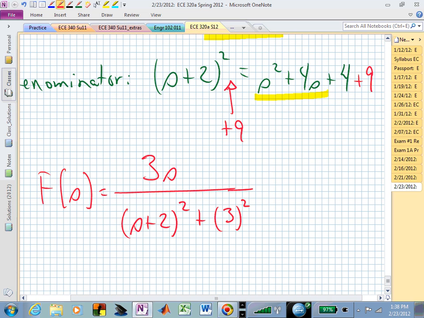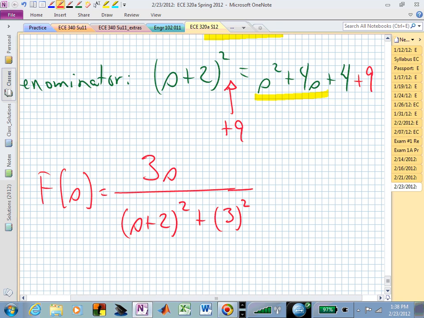That tells us we have an exponentially damped sine and cosine. What's the frequency of those sines and cosines? That's the distance it is away from the real axis. That's the 3. That's our frequency, 3 radians per second. And how quickly is it damped? That's how far it is into the left half plane. In this case, it's only at minus 2. So it's e to the minus 2t cosine 3t or sine 3t.